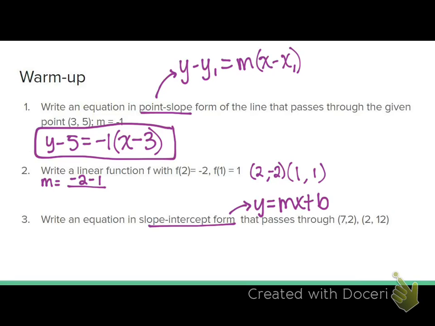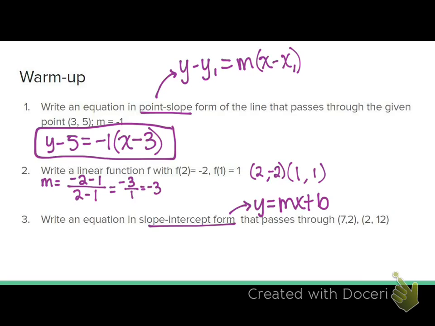What's going in the denominator? 2 minus 1. So -3 over 1, which is -3. A negative divided by a positive is a negative.